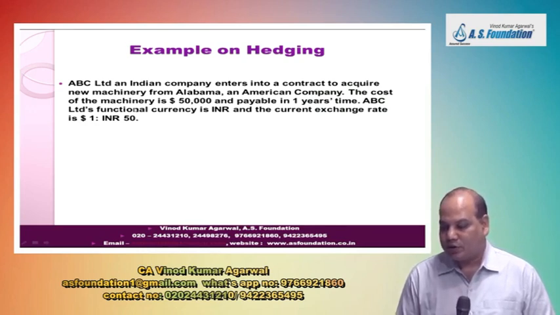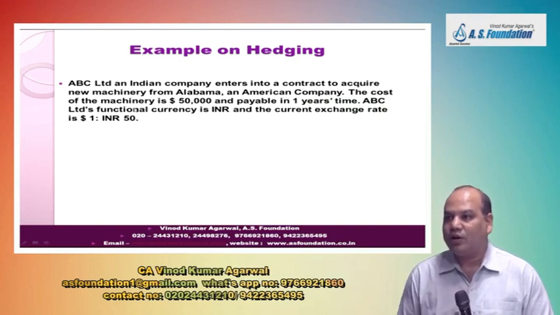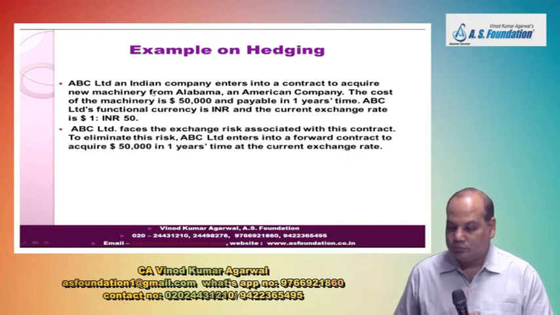ABC Limited's functional currency is INR and the current exchange rate is $1 equals INR 50. ABC Limited faces the exchange risk associated with this contract. As you understood, because you are going to pay in dollars, the rate of the dollar can change.